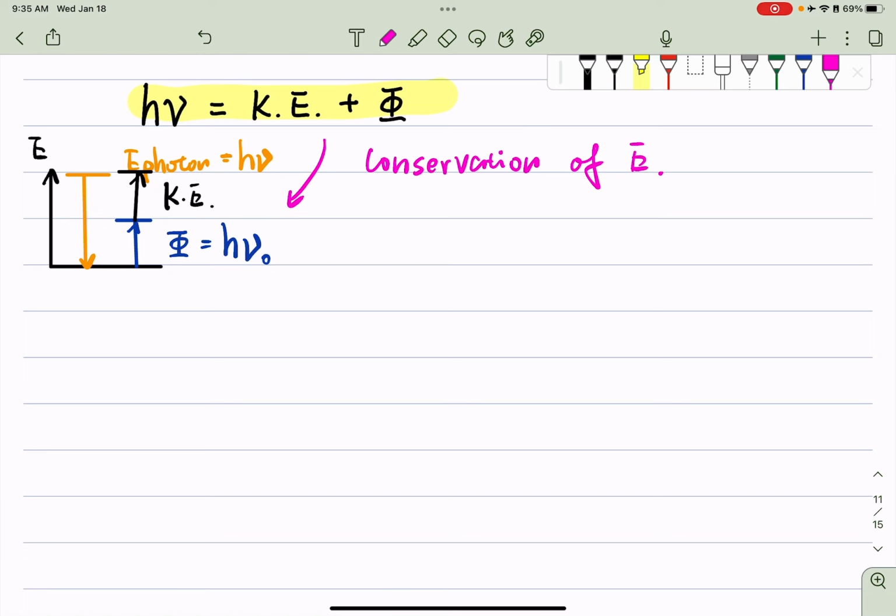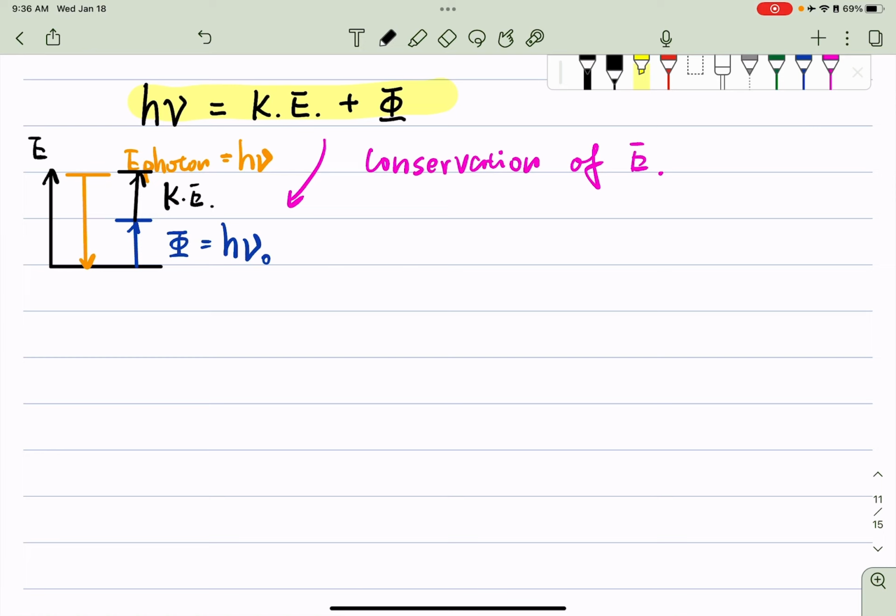So now the question becomes easier once you understand what it is asking. You're simply plugging in numbers. It is asking us for the maximum kinetic energy, and it gives us the work function. It also gives me the wavelength of the light, so by doing a calculation we also know h nu, or E photon.